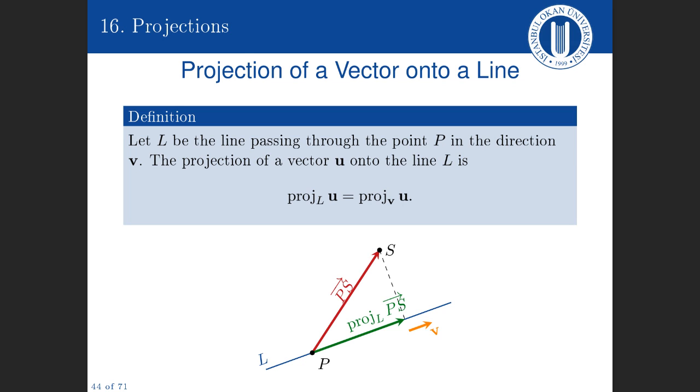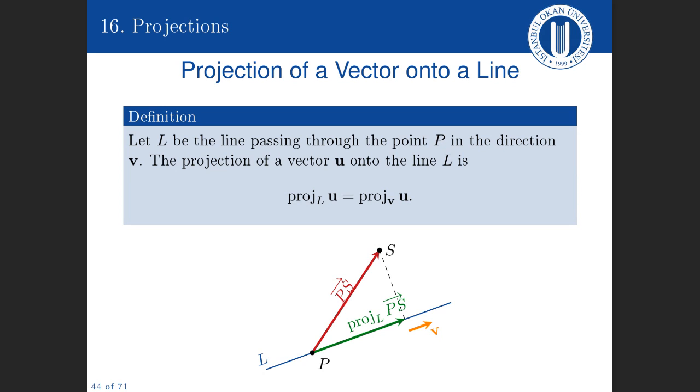The next type of projection I want to talk about is the projection of a vector onto a line. Look at the line L, the blue line. I want to project the red vector onto the blue line. In other words, I want to squash the red vector down onto the blue line, or we can think about this another way.